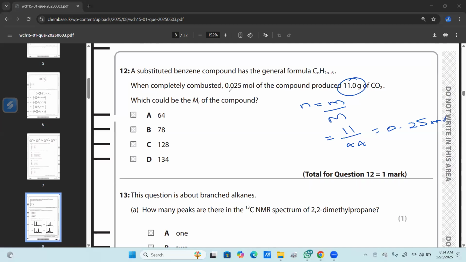They have given the moles of the compound, 0.025, so the ratio is 0.025 to 0.25. If you divide by the smallest number, 0.025, you get 1 to 10. That is the ratio.